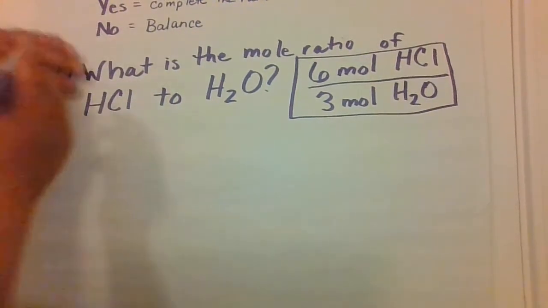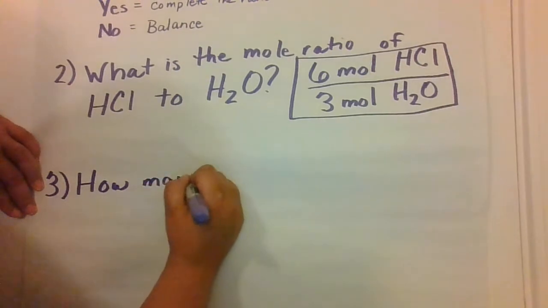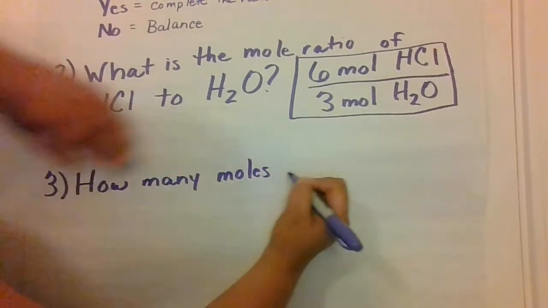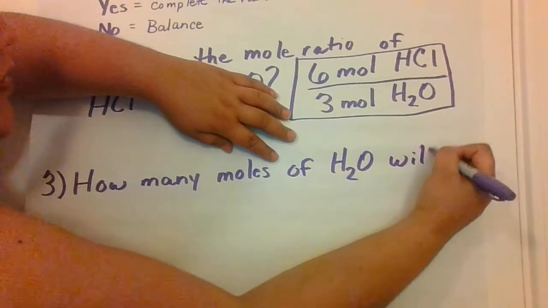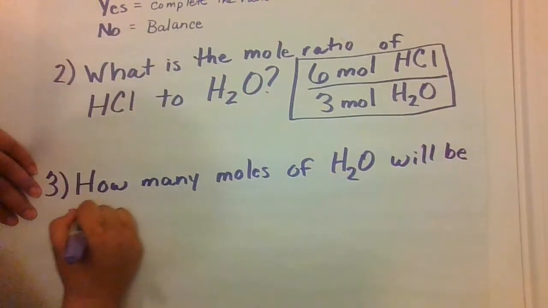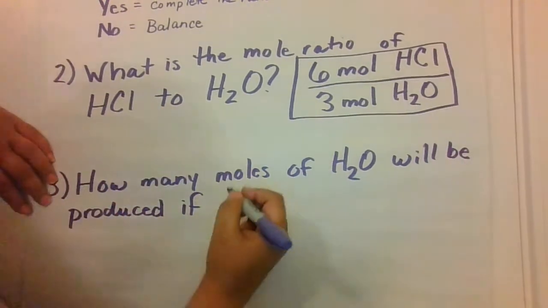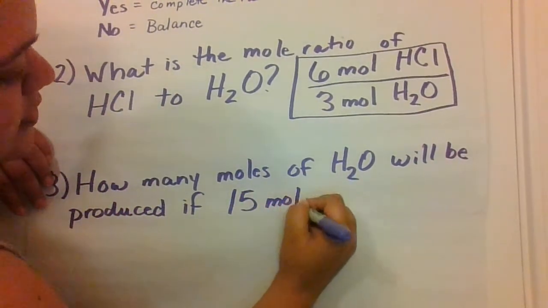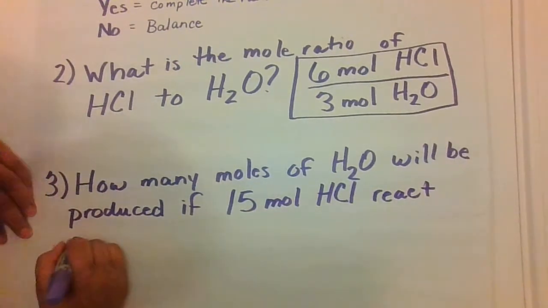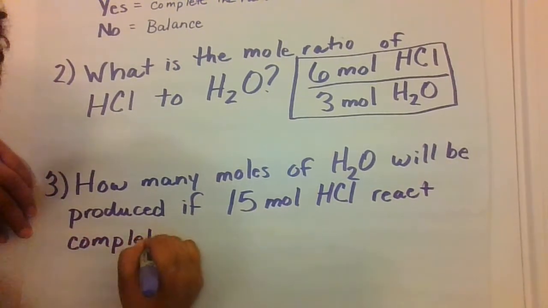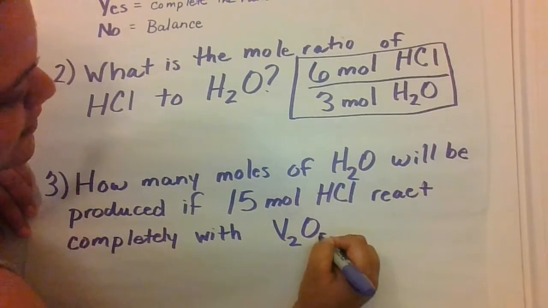So say you are given: how many moles of H2O will be produced if 15 moles of HCl react completely with V2O5?